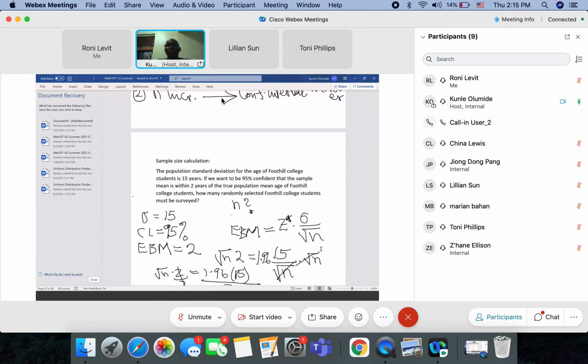Each one of you. So now that we know the formula, when you calculate the sample size, this is the formula you're going to use. EBM equals Z star times sigma over square root of N. Okay?